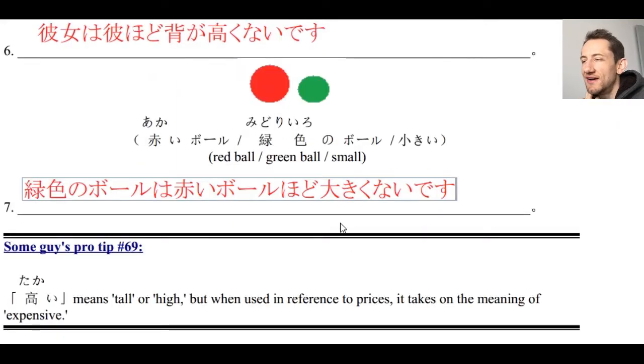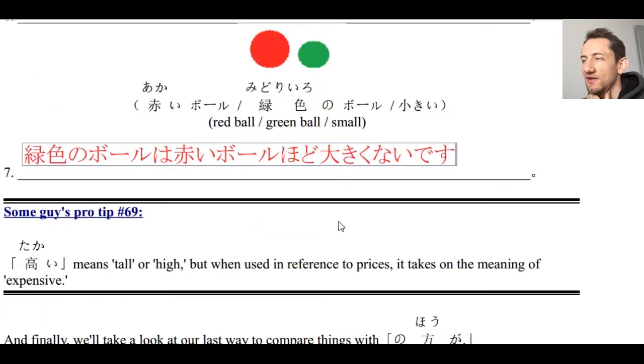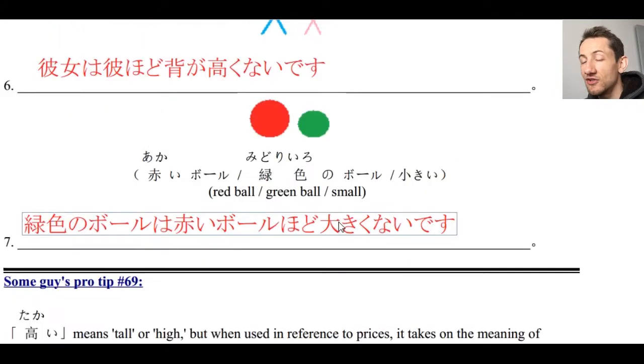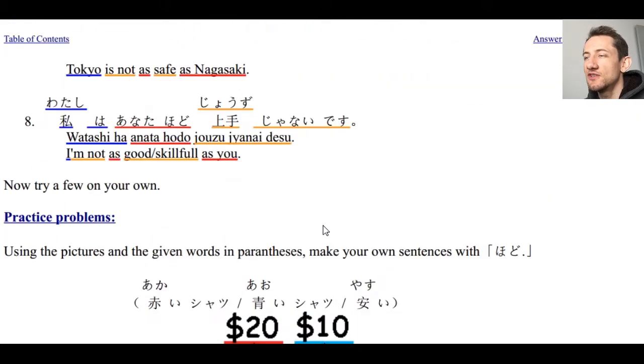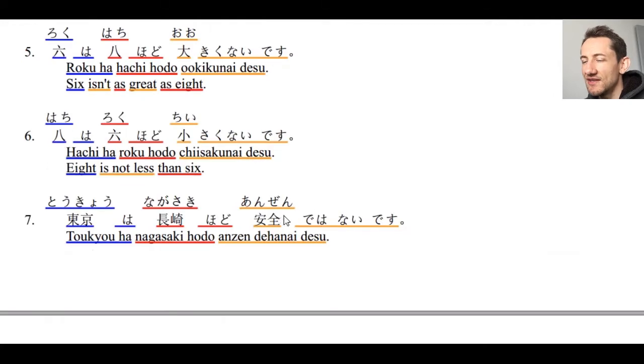All right, so that's going to do it for today's lesson on comparing using ほど. Just a quick recap, the major difference between using よりand ほど is that we need to use the negative form of the adjective, right? Everything else is pretty much the same. You have object 1 は, object 2 ほど, and then negative adjective.